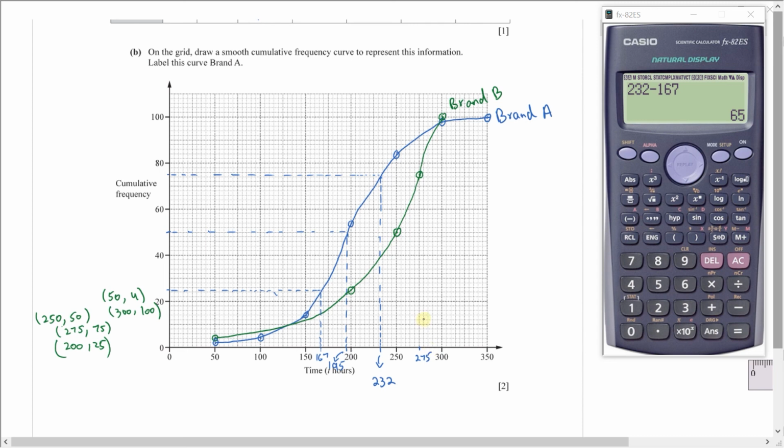So let me draw a straight line now to see where it intersects my graph. So it's around this point here. So let's see what the value is on the y-axis. So this is 80, this is 90, this is almost 92.